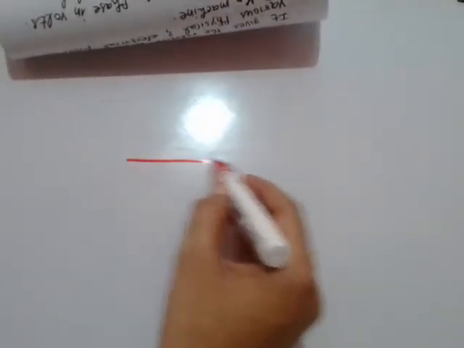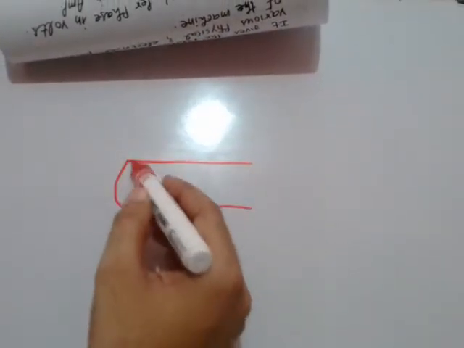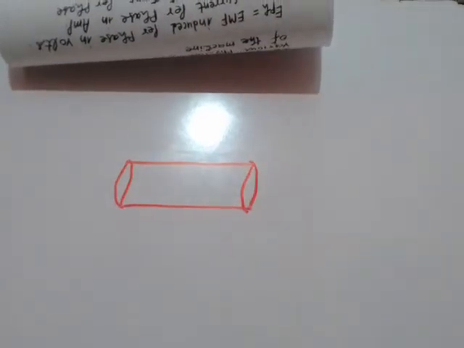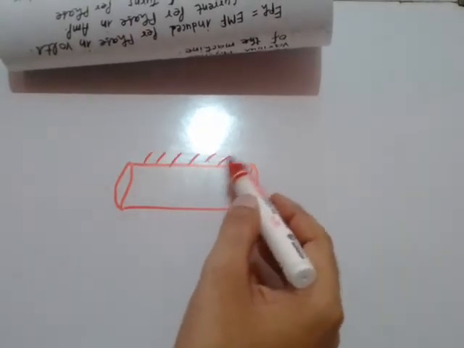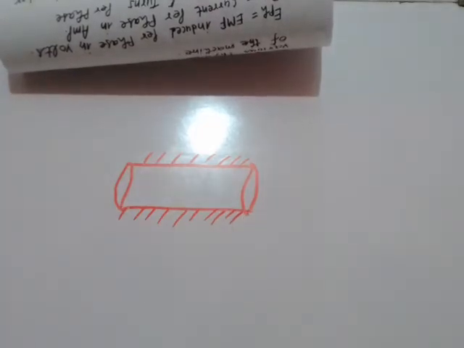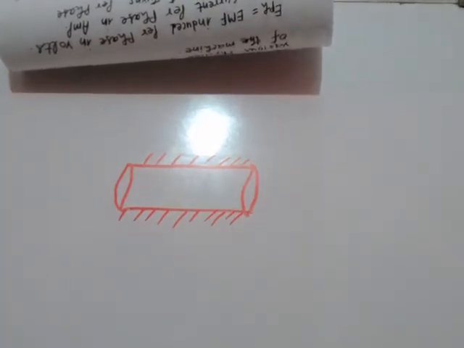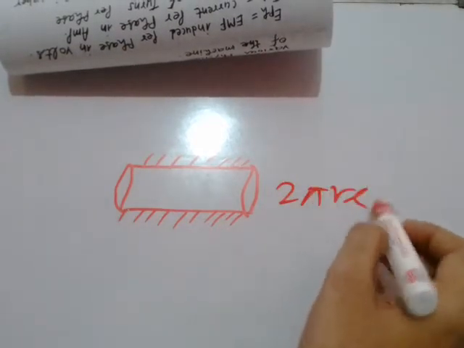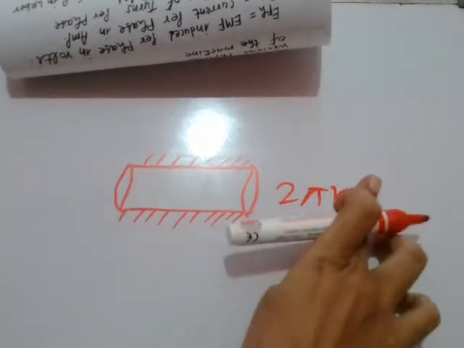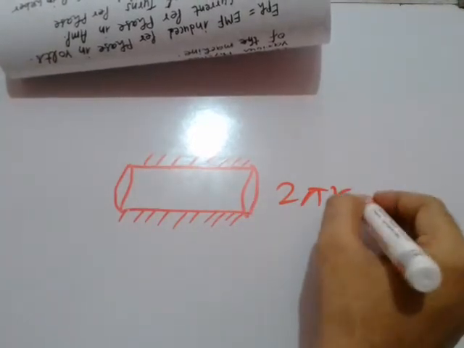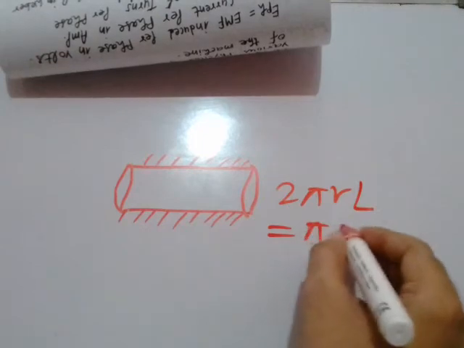The total area is this area and this area, so this is 2 pi R into L, or you can say pi into DL.